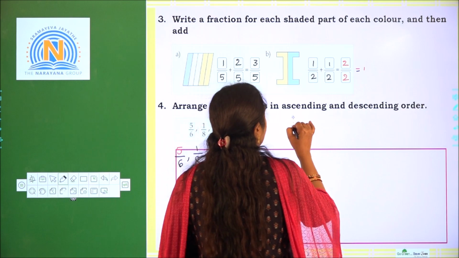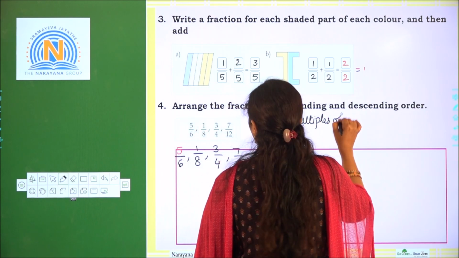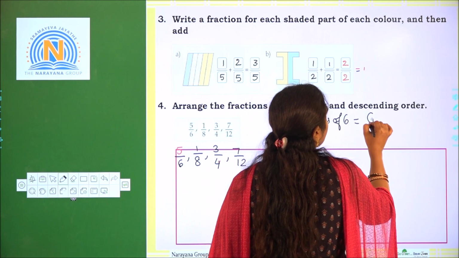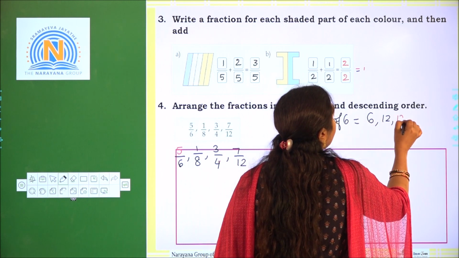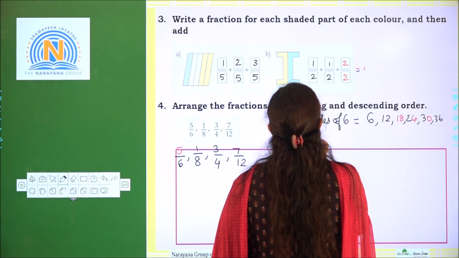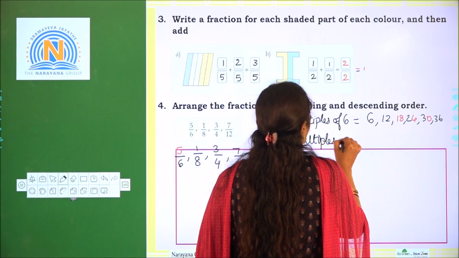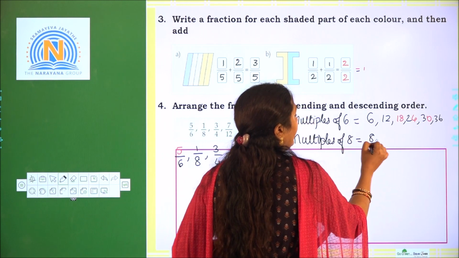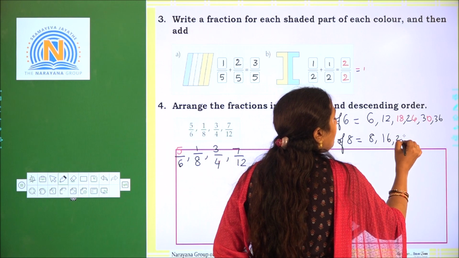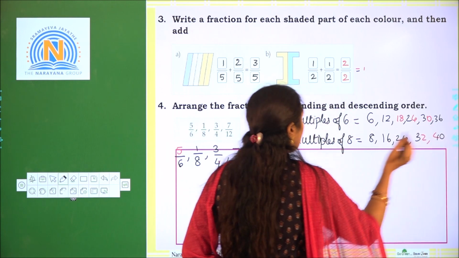So take multiples of 6. The multiples of 6 are 6, 12, 18, 24, 30, 36, and so on. Like multiples of 8: 8, 16, 24, 32, 40 and so on.